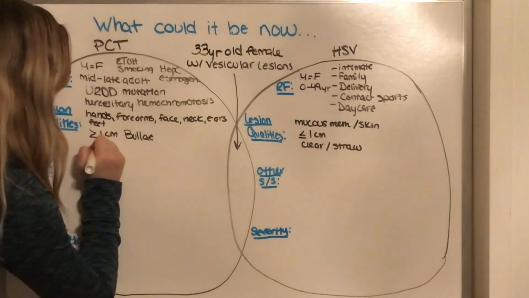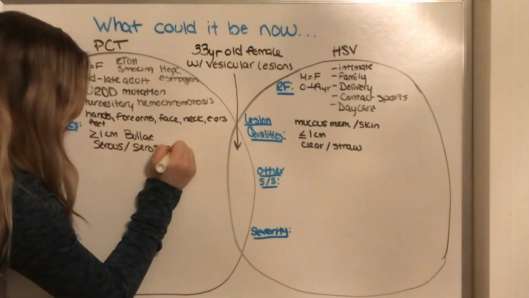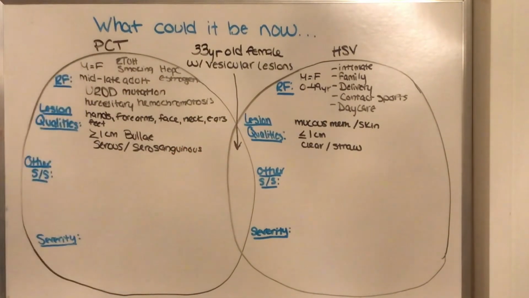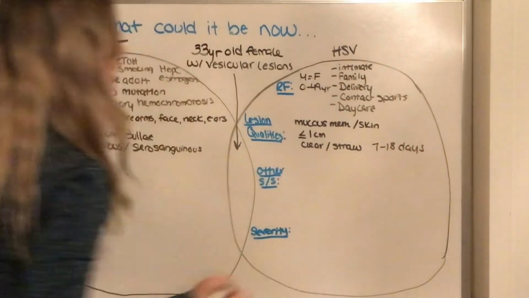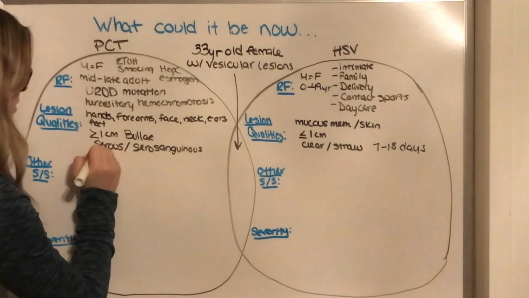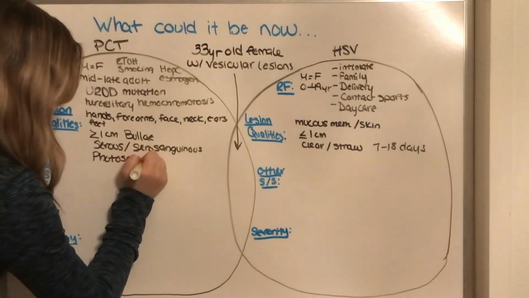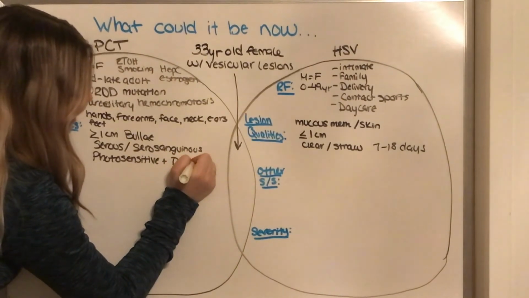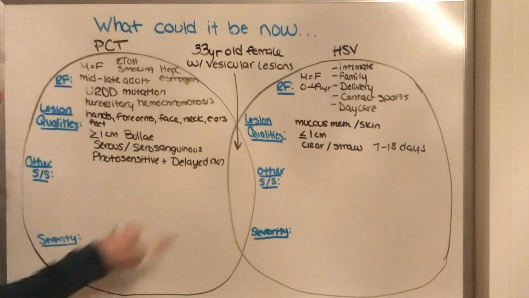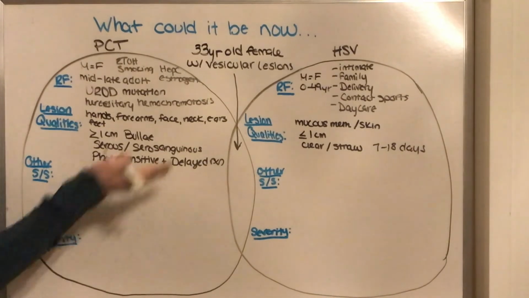And this fluid tends to be serous to serosanguinous. Another thing to note is that these lesions last 7 to 18 days. And the biggest thing is that these lesions are photosensitive and come on as a delayed reaction. Oftentimes, patients will go out in the sun, and hours later they'll get these lesions and won't connect the dots that it's due to the sun.